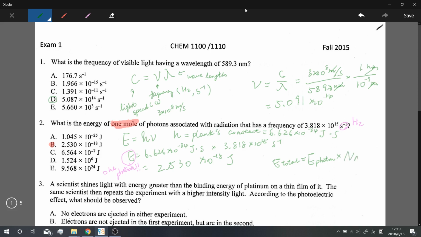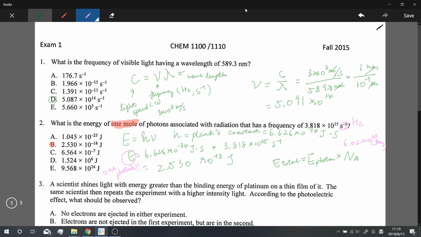times the Avogadro's number, which, if you remember it from high school, is 6.02 times 10 to the power of 23, and this is a count of particles, so the correct unit would be a number of photons.